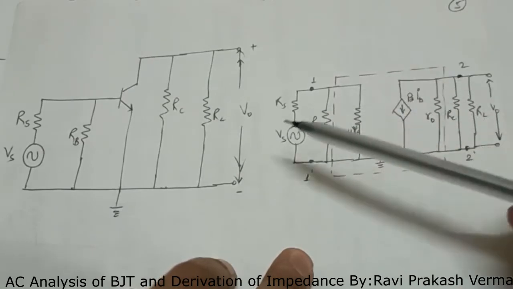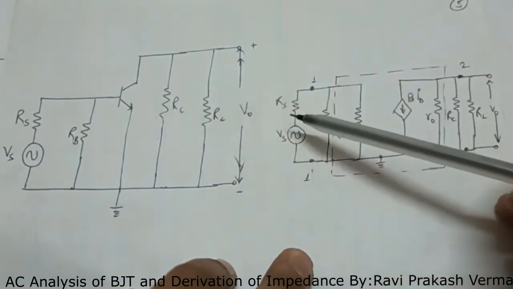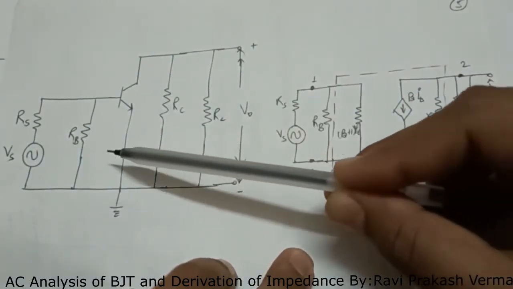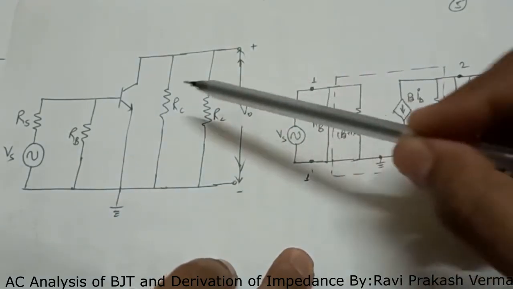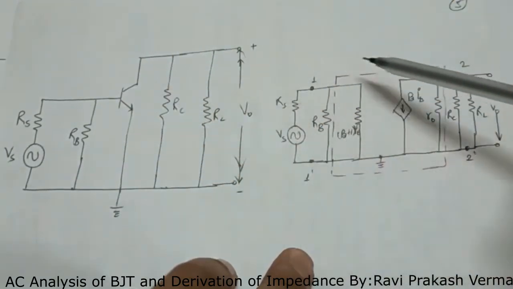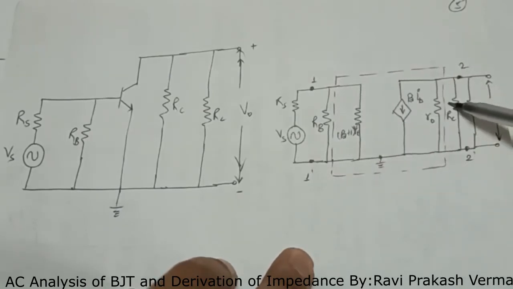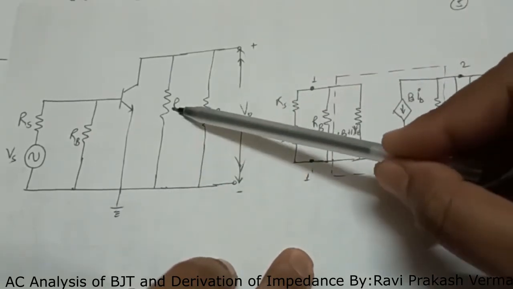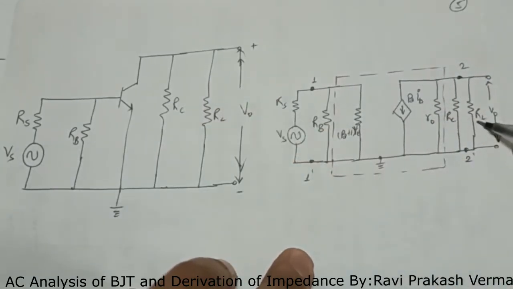We can see that this is input Vs, this is source resistance, this is Rb, base resistance, this is also Rb, and this transistor model is replaced with its equivalent Re transistor model. And after that we will get the collector resistance, load resistance.